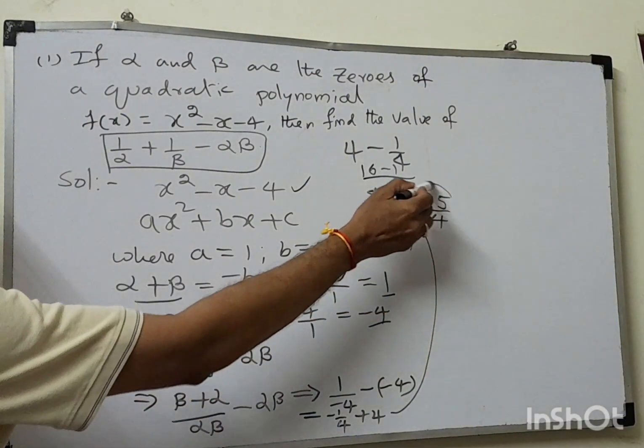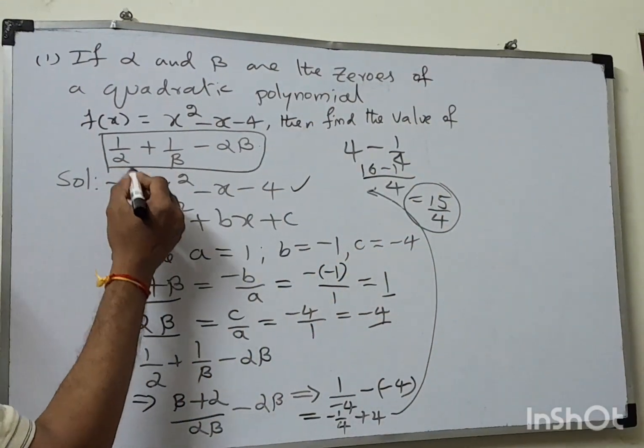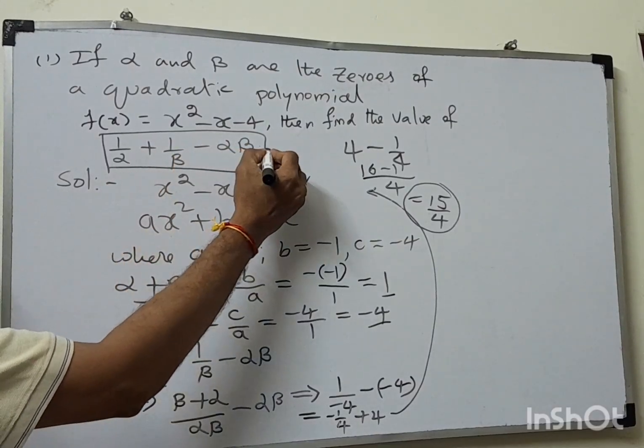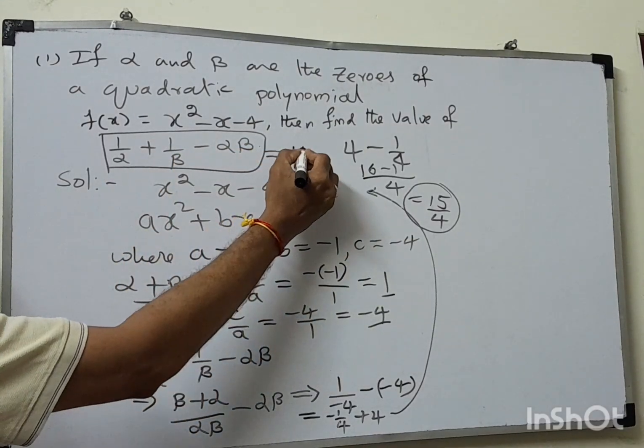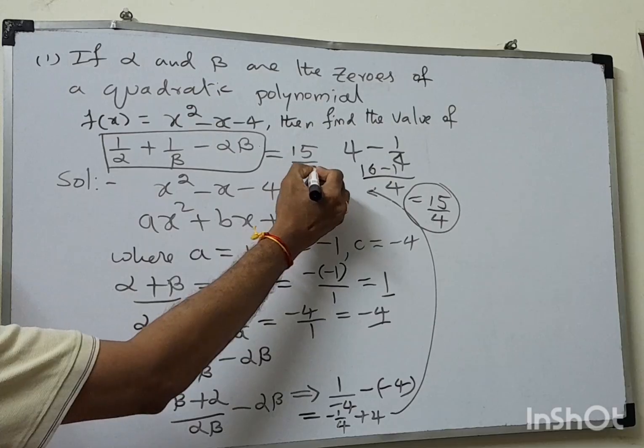So the value of 1 by alpha plus 1 by beta minus alpha beta equals 15 by 4.